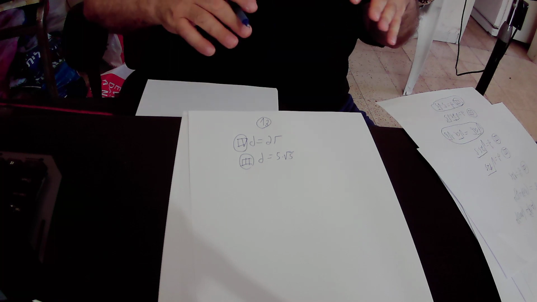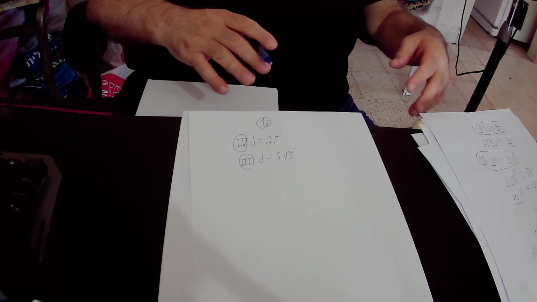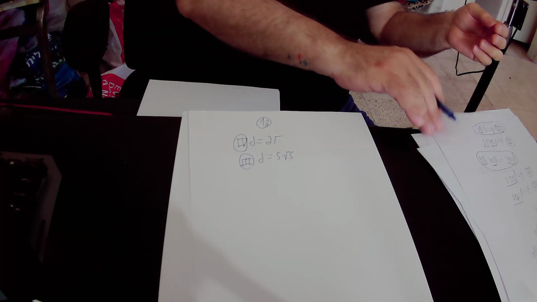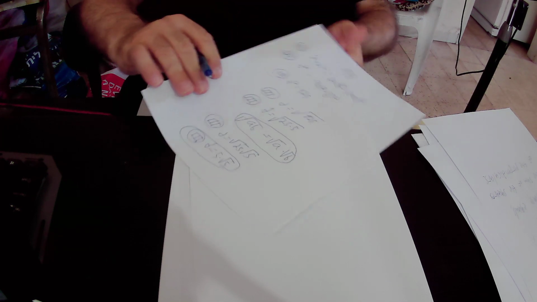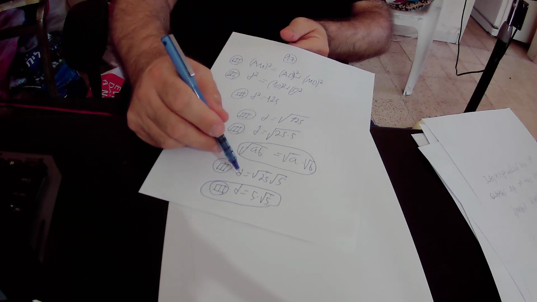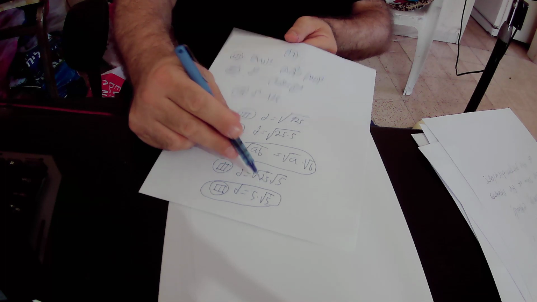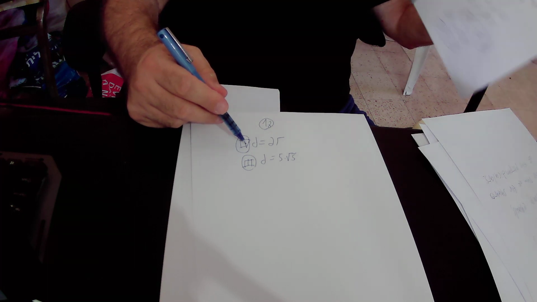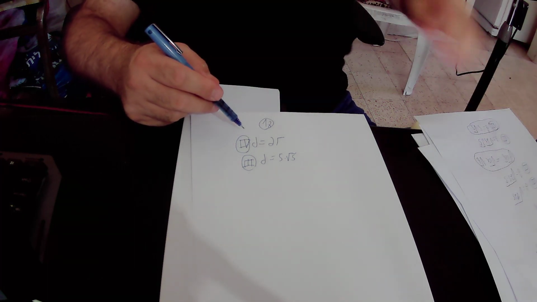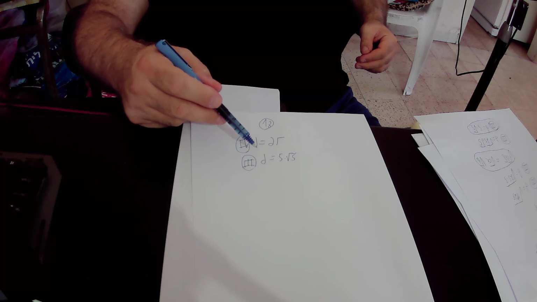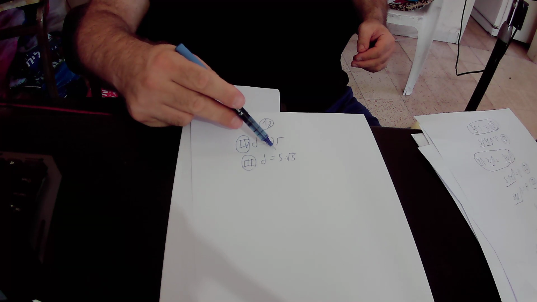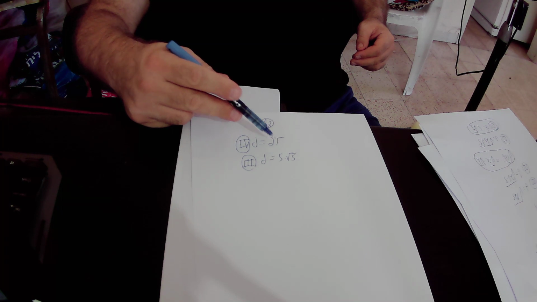It is true for every circle, especially for our circle. So actually we can substitute D in the fourth equation by 5 times root 5, because D equals 5 times root 5.